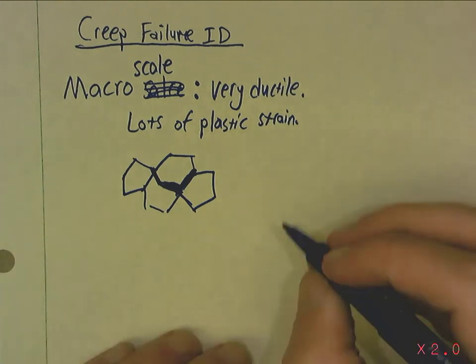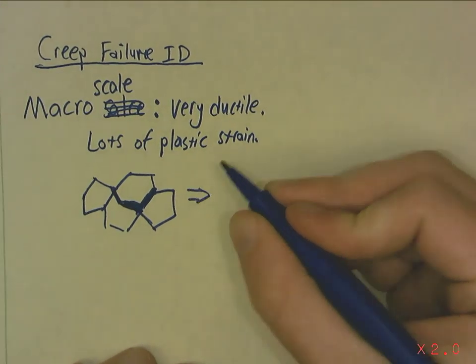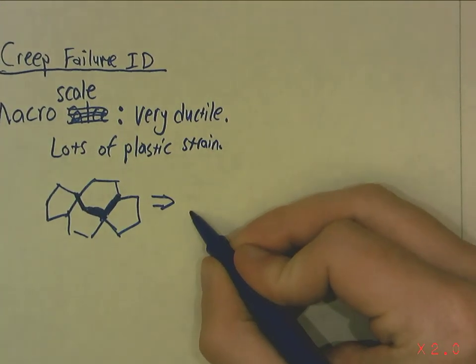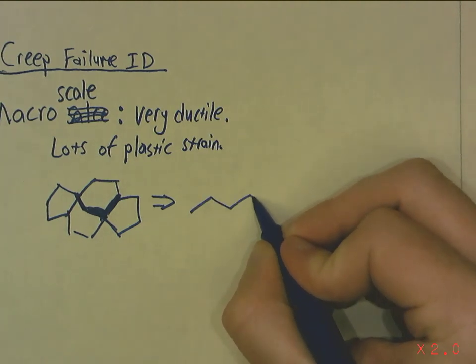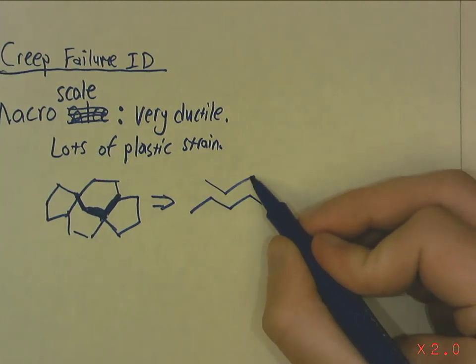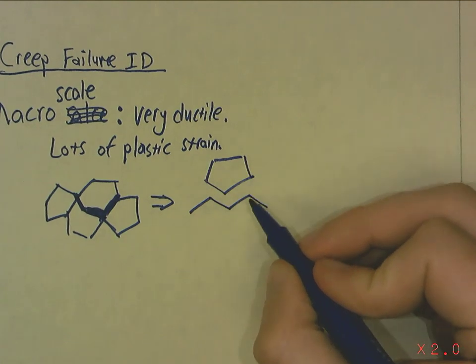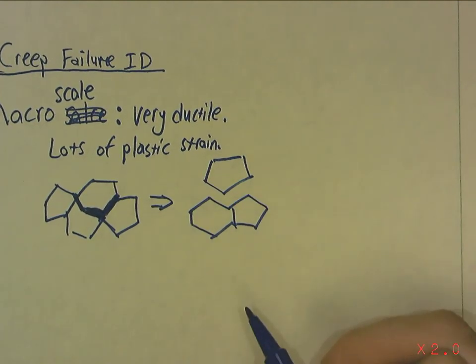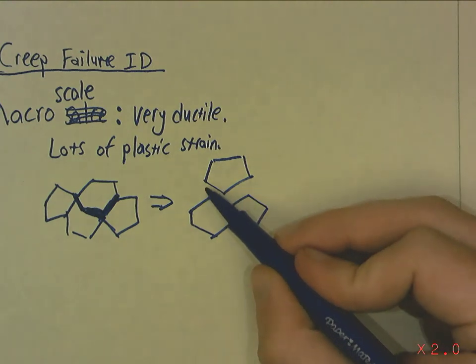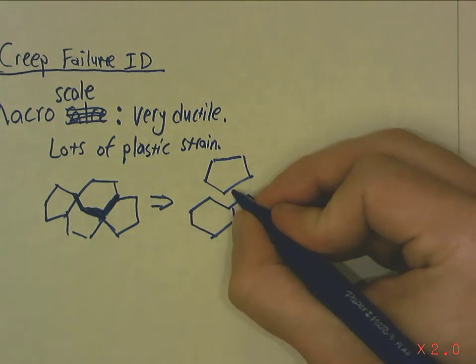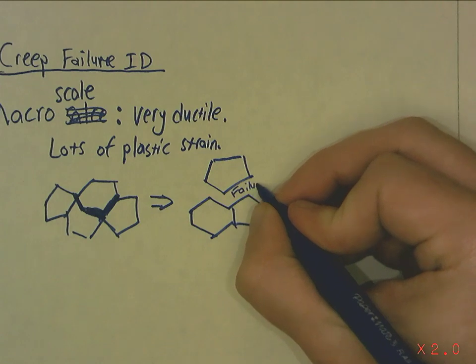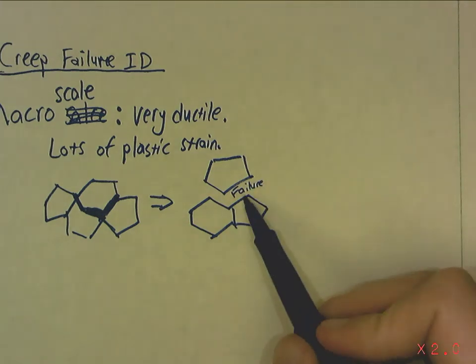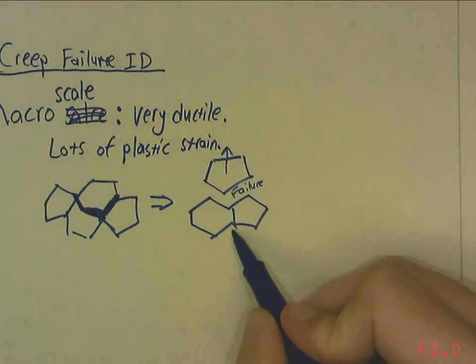And so when our material comes apart, there we go, and we will have failure here. Our material is separating.